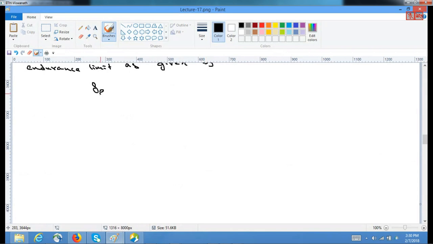Se is influenced by the surface finish, K-surf, by the size, by the type of load applied, by the temperature, and the reliability you require, and the standard specimen size and notch sensitivity factor.